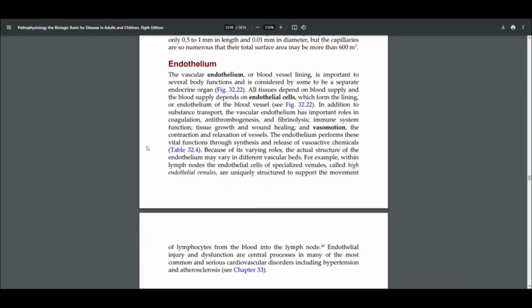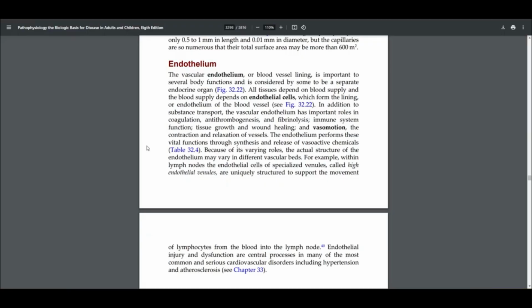In addition to substance transport, the vascular endothelium has important roles in coagulation, antithrombogenesis, and fibrinolysis, immune system function, tissue growth and wound healing, and vasomotion, the contraction and relaxation of vessels. The endothelium performs these vital functions through synthesis and release of vasoactive chemicals.